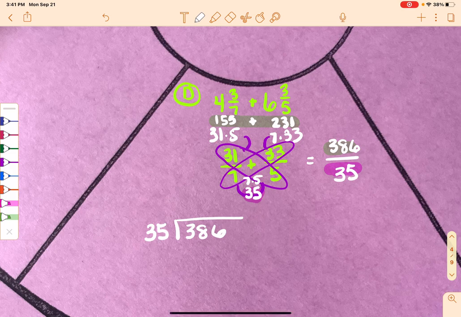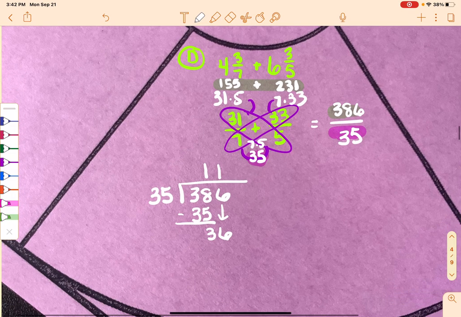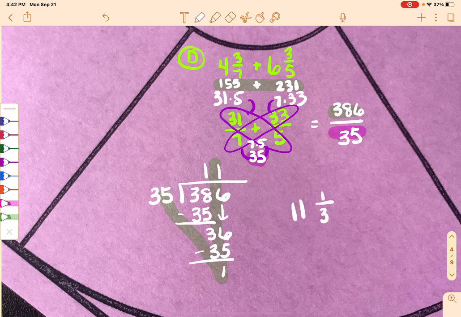So 35 doesn't go into 3, but 35 goes into 38 one time. 35 goes into 36 once, with 1 left over. So it's 11 and 1 over 35.